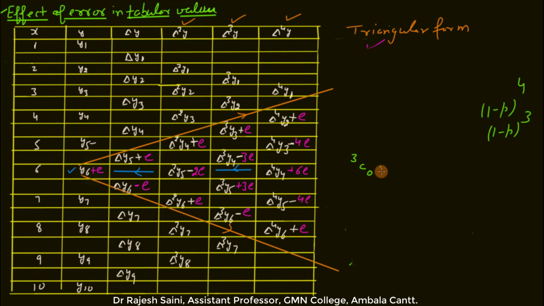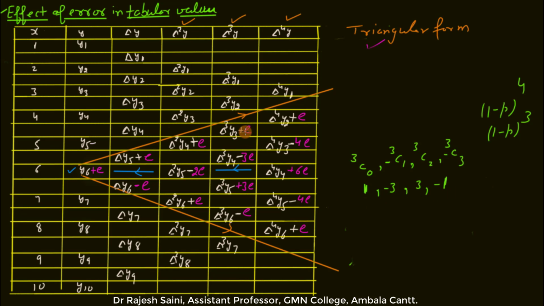First will be this one, another will be this one, next alternating in sign, and the last will be this. So this will be 1, minus 3, 3 and minus 1.